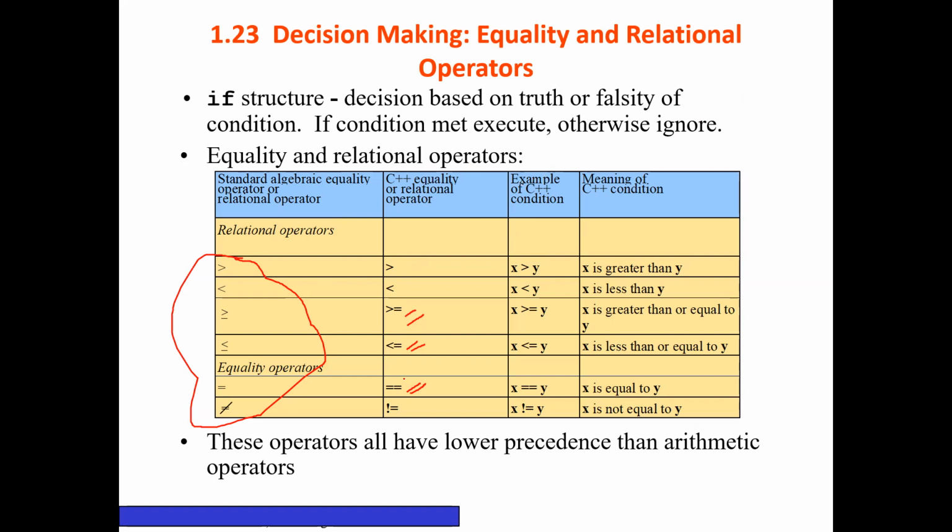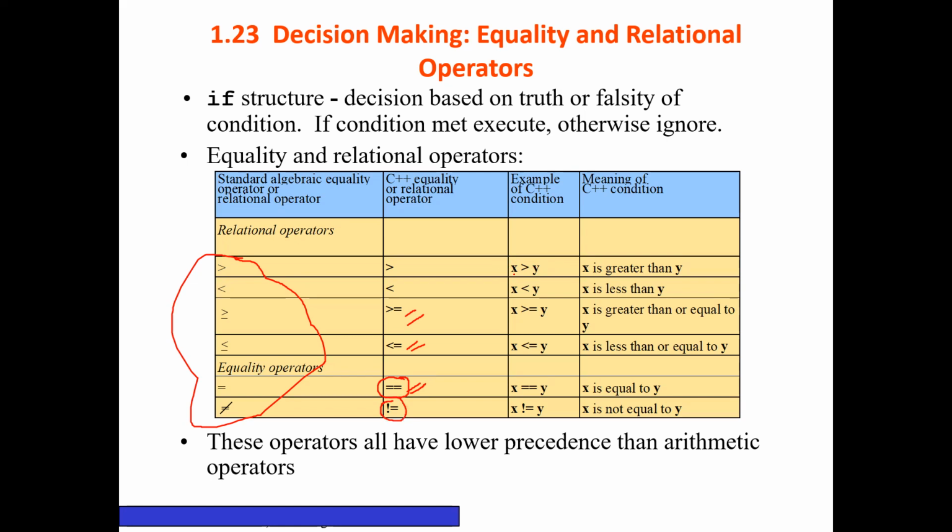We need to use two equal to signs, because if you use one equal to, that is an assignment operator, which will be used for assigning values. So if you want to compare the equality of two values, we need to use two equal to symbols, and this is not equal to. And these are certain sample expressions.